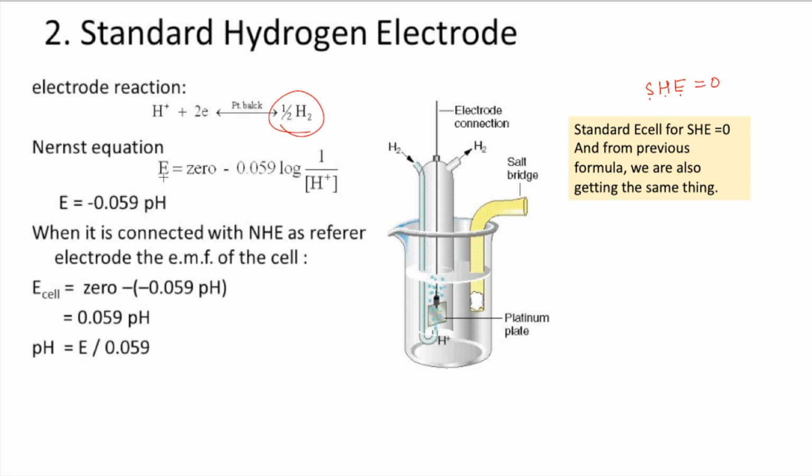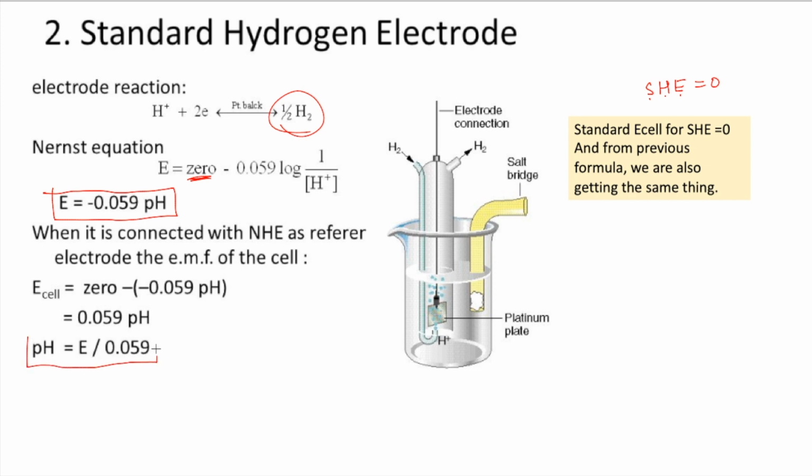The Nernst equation is E is equals to 0, because the E naught is 0 over here, minus 0.059 log 1 upon H plus ion, or it can be simply written as E is equals to minus 0.059 into pH of the reaction. Now, if it is connected to NHE as a reference electrode, then the EMF of the cell becomes E of the cell is equals to 0 minus 0.059 of the pH, and that is going to become something like this.